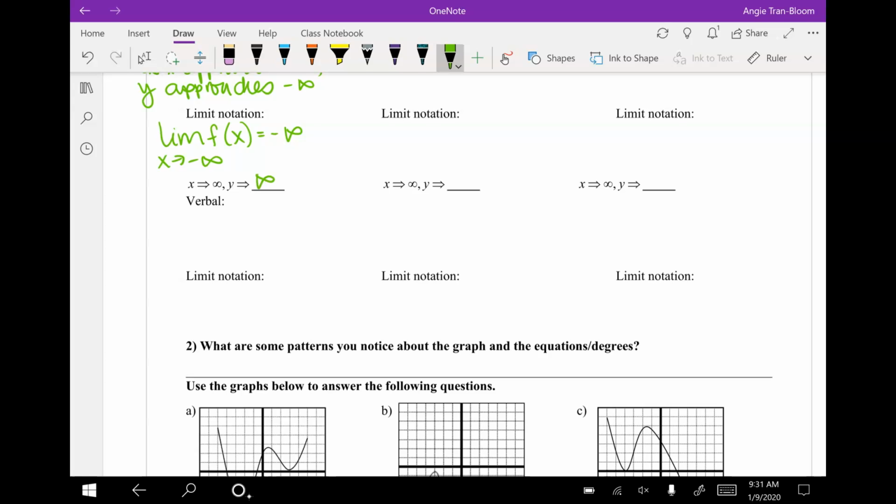So verbally, we will say as x approaches positive infinity, y approaches positive infinity. And limit notation. Limit as x approaches positive infinity, y, which we are using f of x, equals infinity. And then we'll roll back up to look at the middle graph to answer the other half.